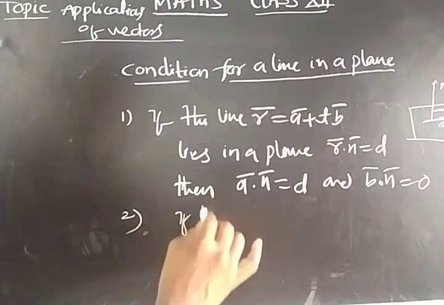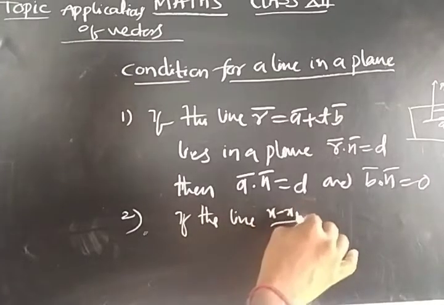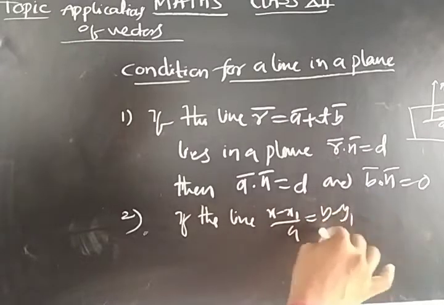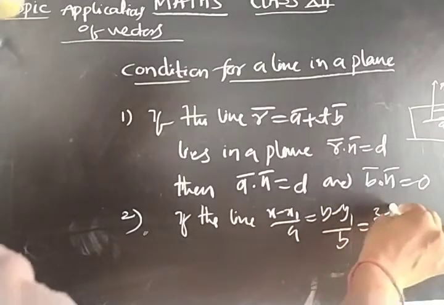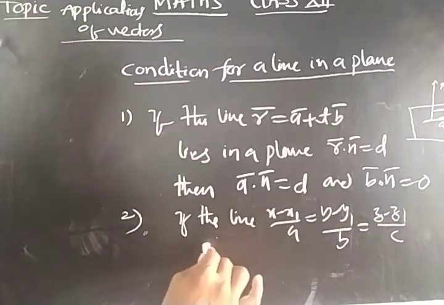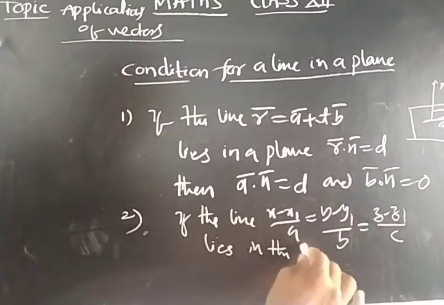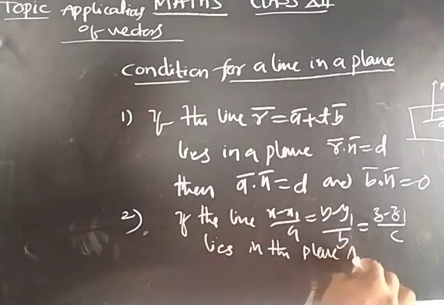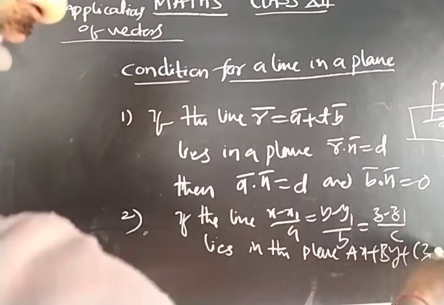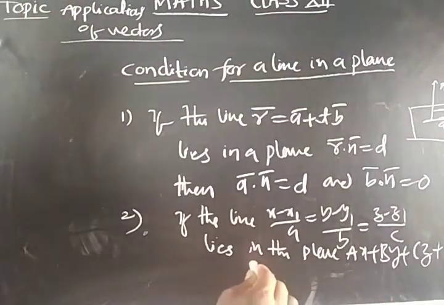if the line is in Cartesian form, if the line equation x minus x1 by a, y minus y1 by b, z minus z1 by c lies in the plane ax plus by plus cz plus d equal to 0, what is the condition here?